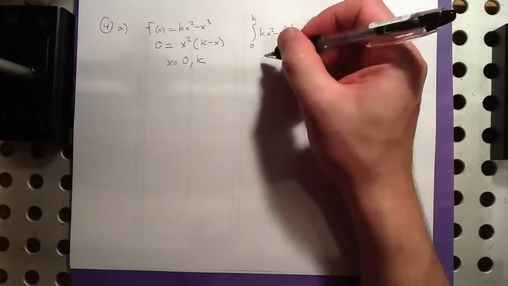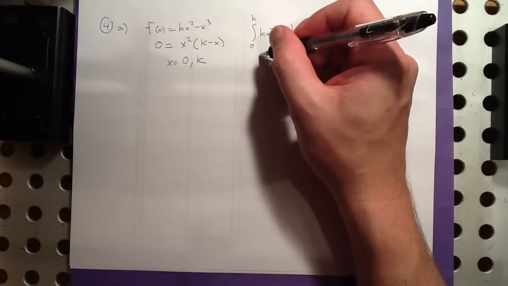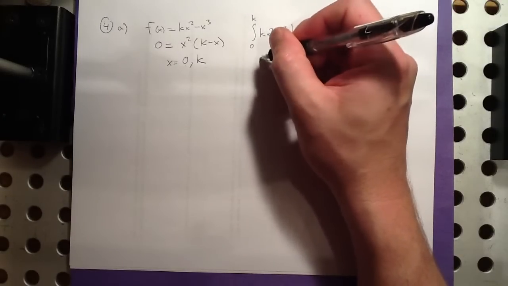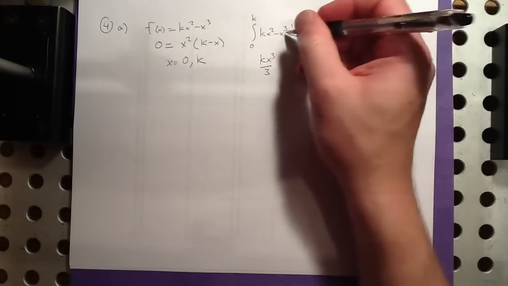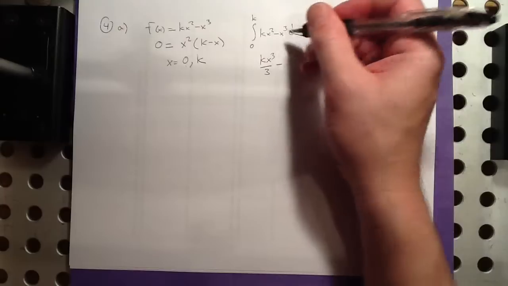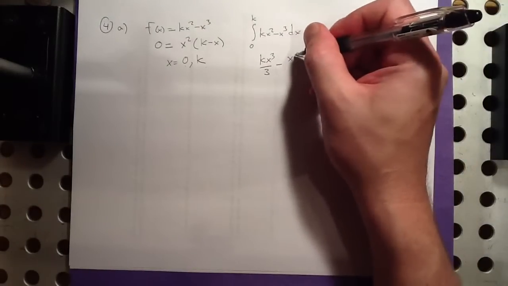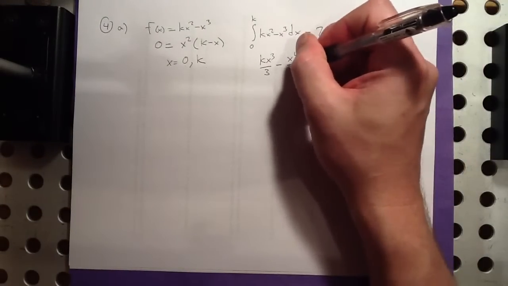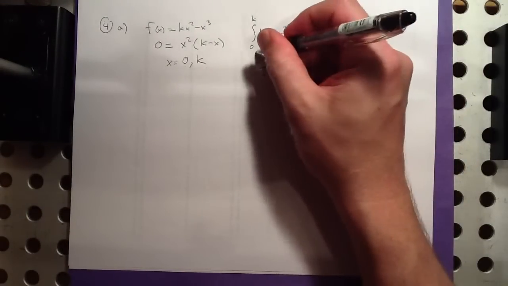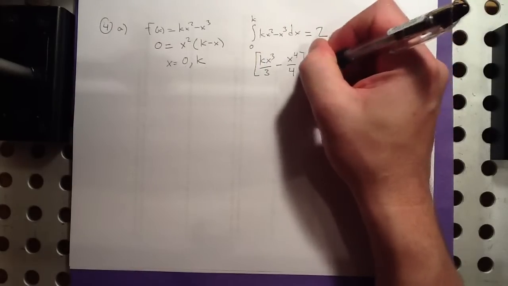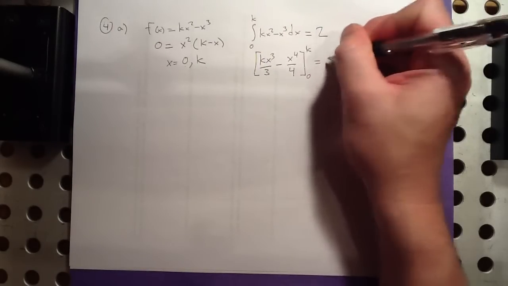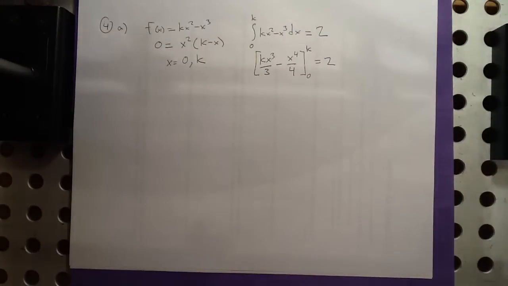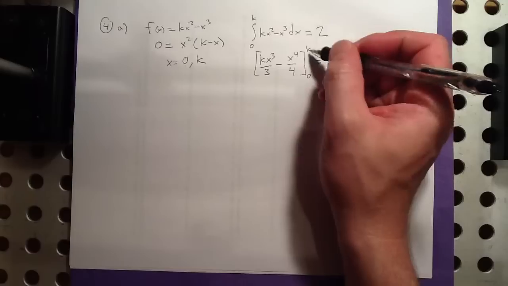The antiderivative of kx squared would be kx cubed over 3, and the antiderivative of x to the third is x to the fourth over 4, from 0 to k, and we still want that to be equal to 2. So let's plug k in here.